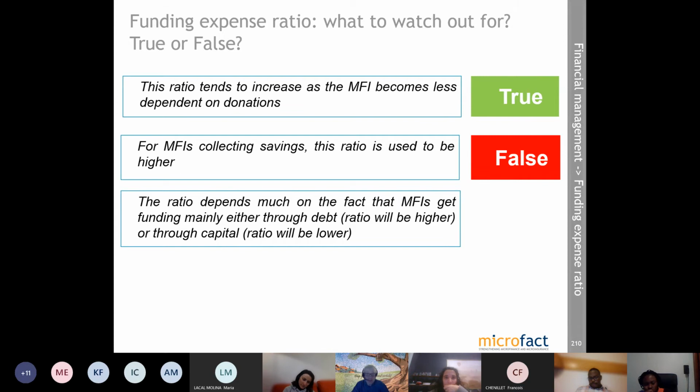It's possible, like many microfinance institutions, like the organization we had on Saturday, where the main shareholder is a foundation, so there is no cost involved for that funding. So funding expenses are only related to debt financing, not to capital. So those only on debt have a much higher ratio than the highly capitalized organizations. Okay.